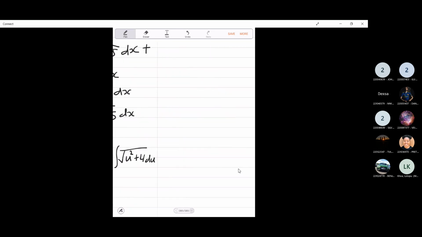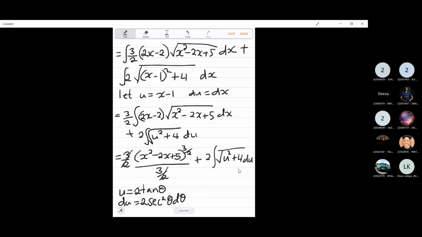So this is equal to x squared minus 2x plus 5 to the power of 3 over 2. And then we make the substitution over here. So u squared will be 4 tan squared theta plus 4.